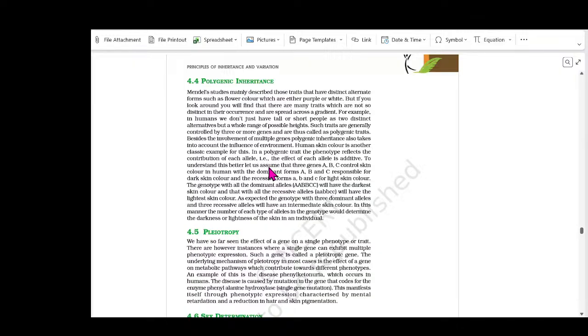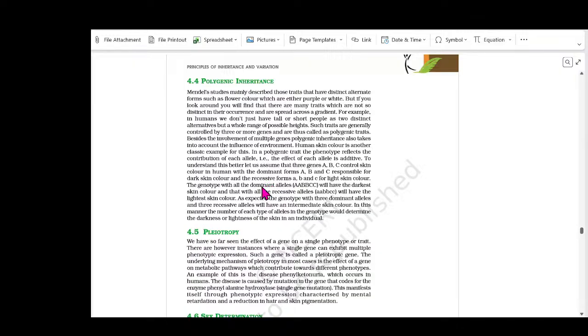To understand this better, let us assume that three genes, capital A, capital B, capital C, control skin color in humans, with the dominant forms capital A, capital B and capital C responsible for dark skin color, and the recessive forms small a, small b and small c for light skin color.